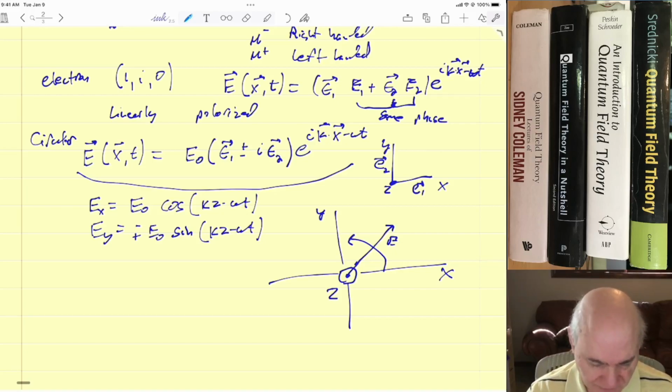There are different conventions, but this one has it where the angular momentum is going to be in the z direction. J is equal to +1 in the z direction.